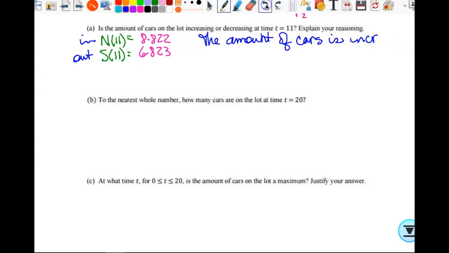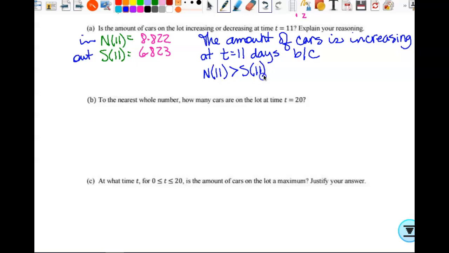Ugh, I guess I can't write. At t equals 11, is it hours? It says cars per day. Okay, so this would be t equals 11 days because n of 11 is greater than s of 11 cars per day.